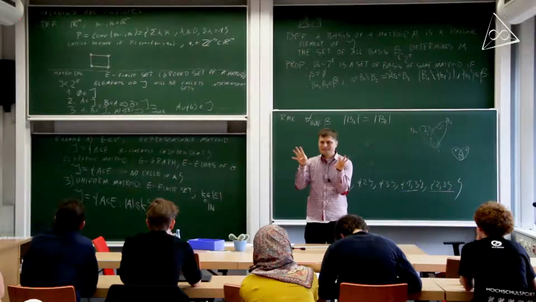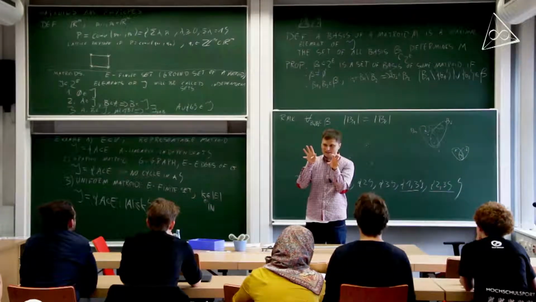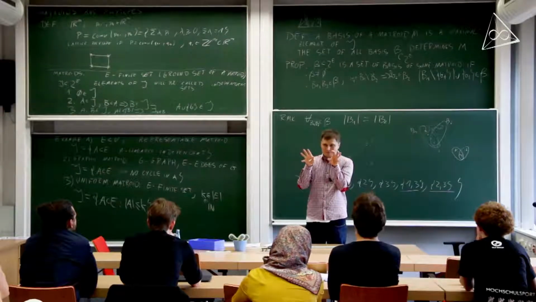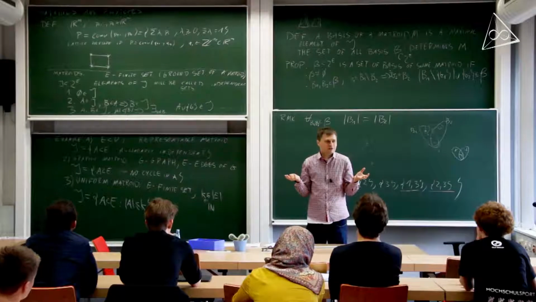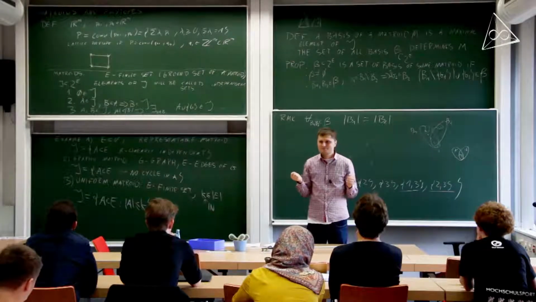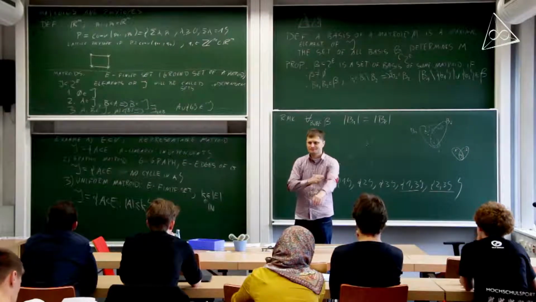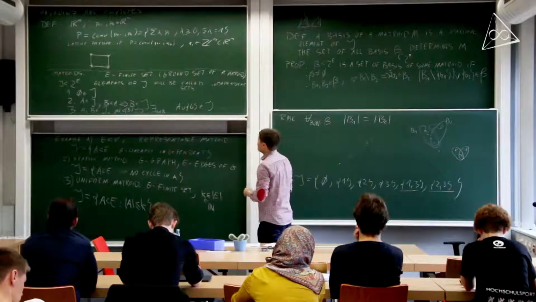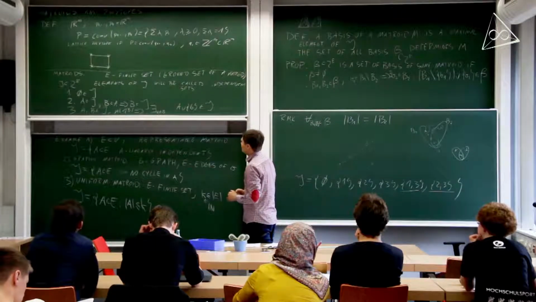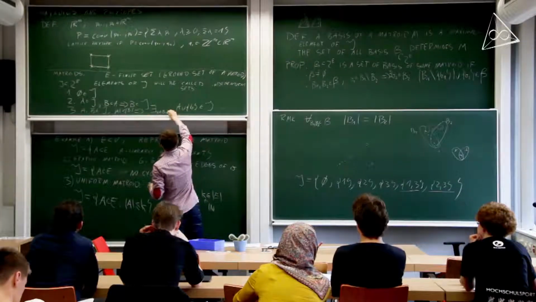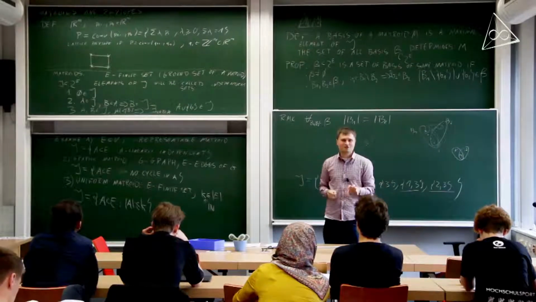Well, bases are maximal elements of independent sets. So if one of them had smaller cardinality than the other, we would be able to extend the smaller. But then it wouldn't be maximal if we were able to extend it. I should say that we can strictly extend it. But I think this was clear.